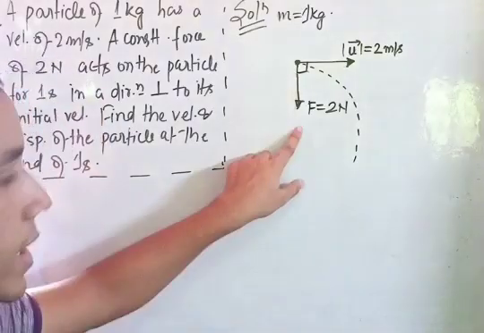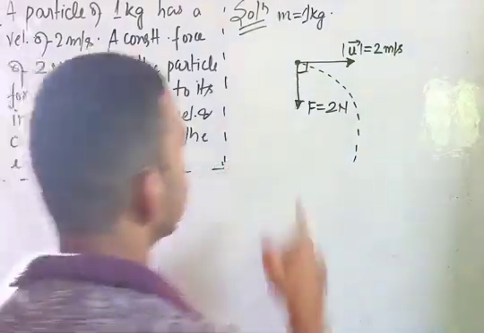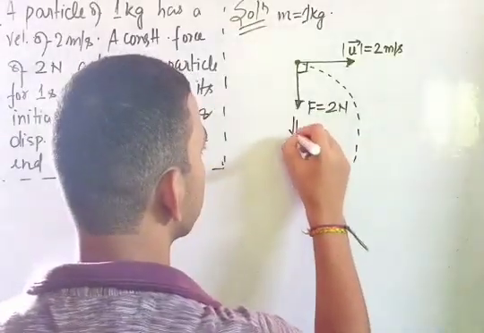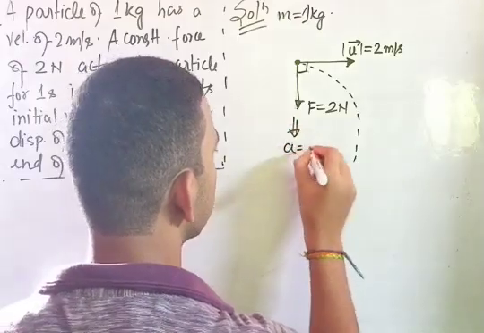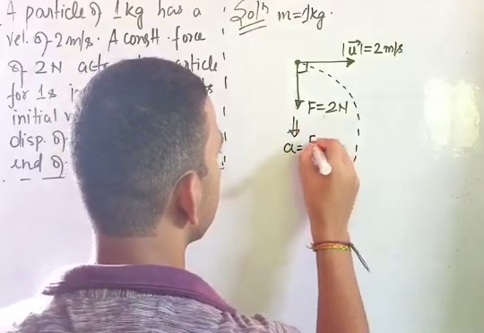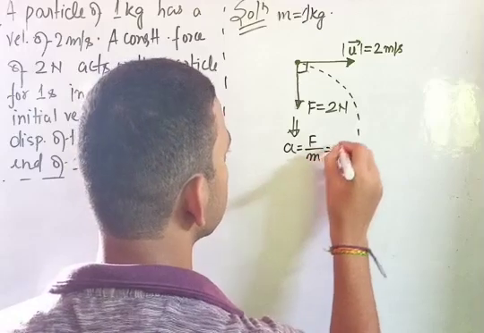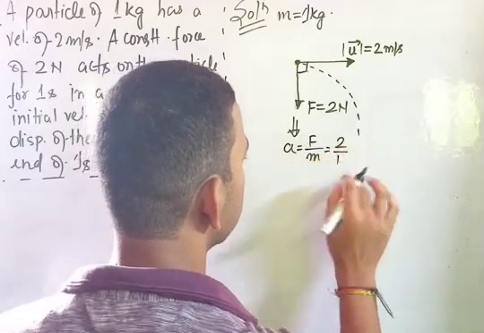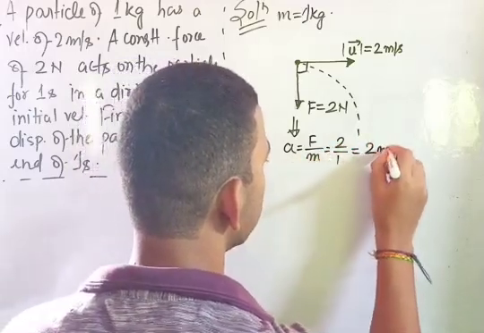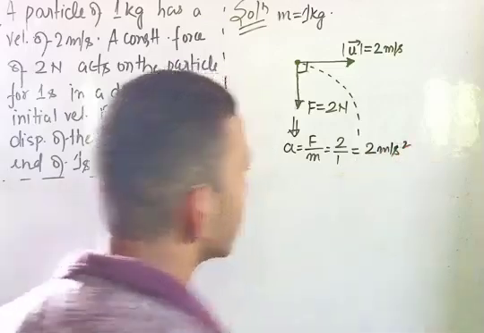So we can now find the acceleration of the particle, which will be in this direction. That is, a is equal to F upon m, which is 2 upon 1, that is 2 meter per second square.